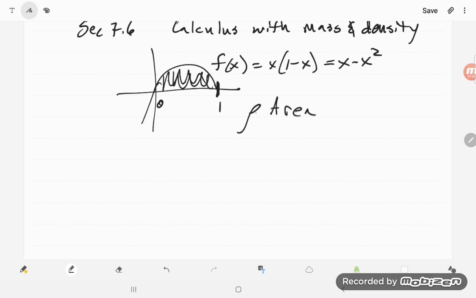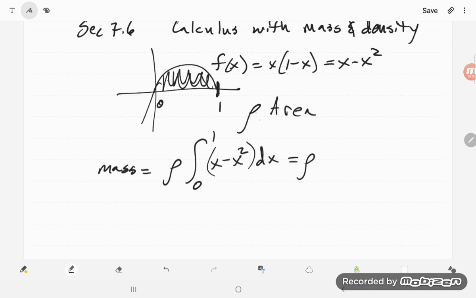Well, we know how to find the area. That's no problem. So our mass is just rho times the integral from 0 to 1 of x minus x squared dx. And so what is that?